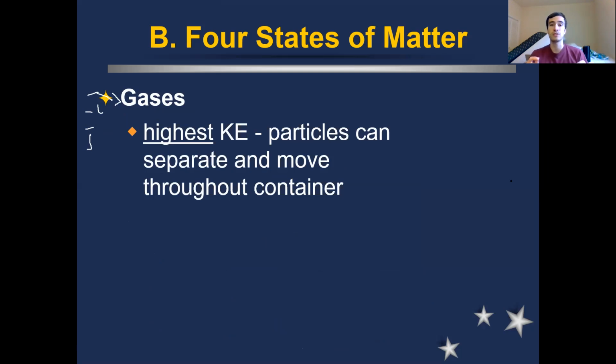The gas particles that are all around you right now are zooming all over the place. They're constantly in motion, constantly zooming around all around you. They're completely separated from one another. So unlike solids and liquids where the particles will kind of stick together, gas particles will completely separate out and spread across whatever container that you put them in.